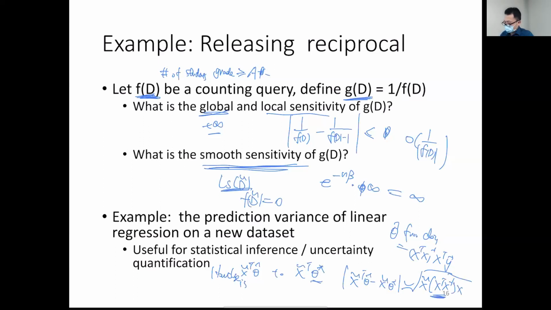In the middle, you can see that this is a matrix inverse, and when x is a private data set, in order to release this value, it requires us to release a particular projection of the inverse covariance matrix.